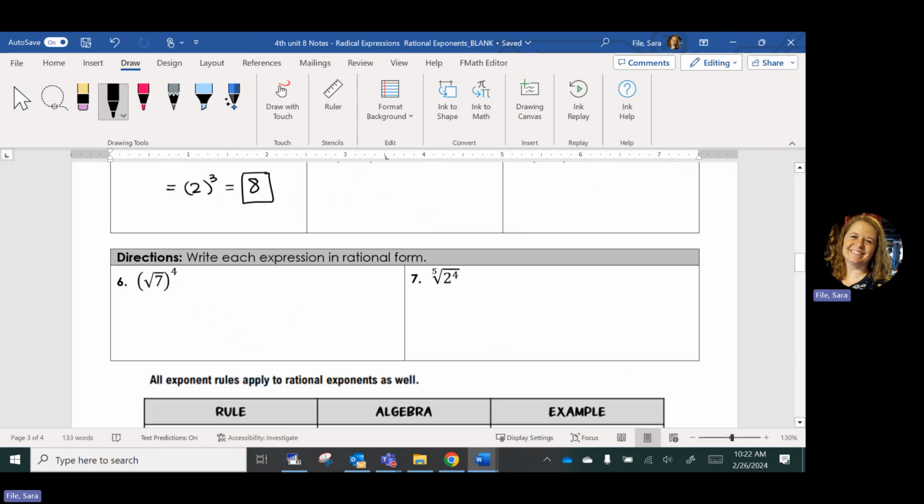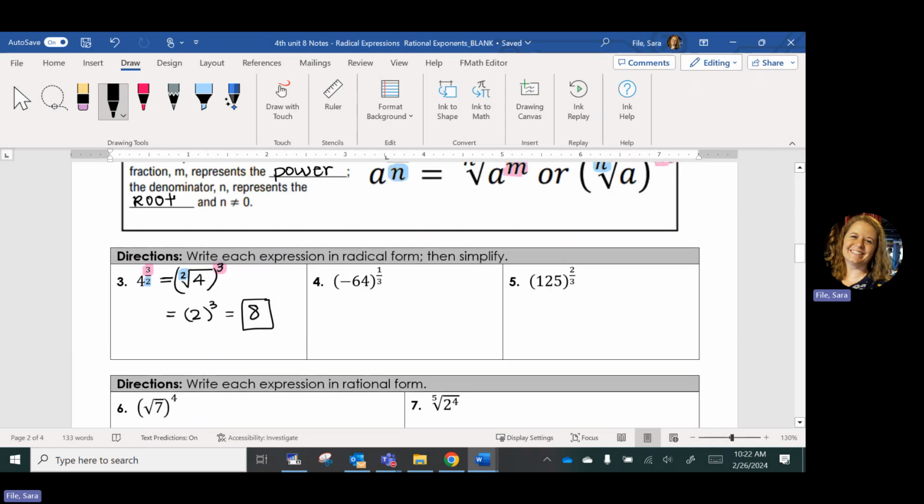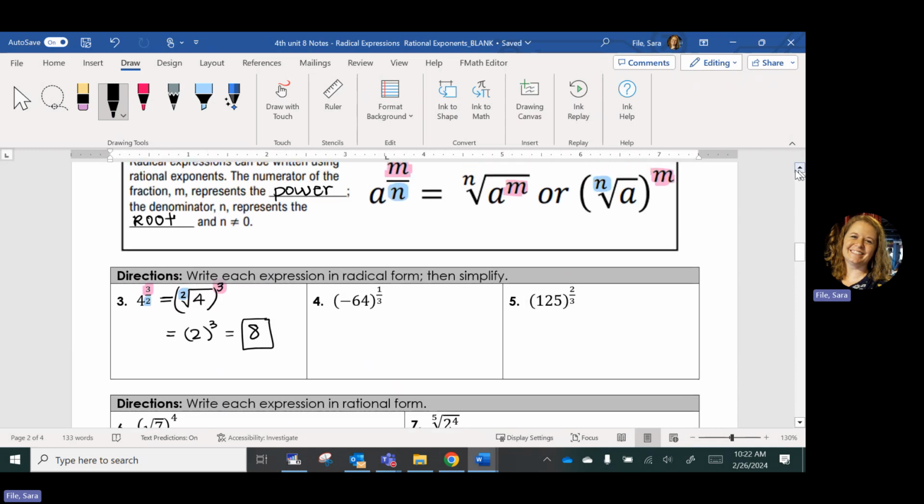Okay, so where were we? Here on number 4, on this example, we have negative 64 to the 1/3 power. So whenever you end up with this rational exponent, when the numerator is 1, remember the numerator represents the power.